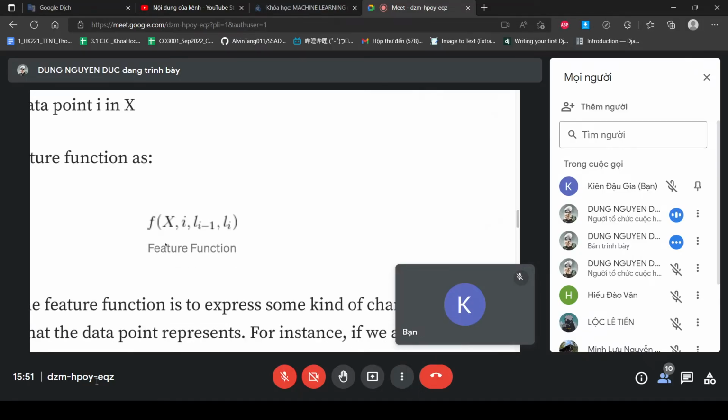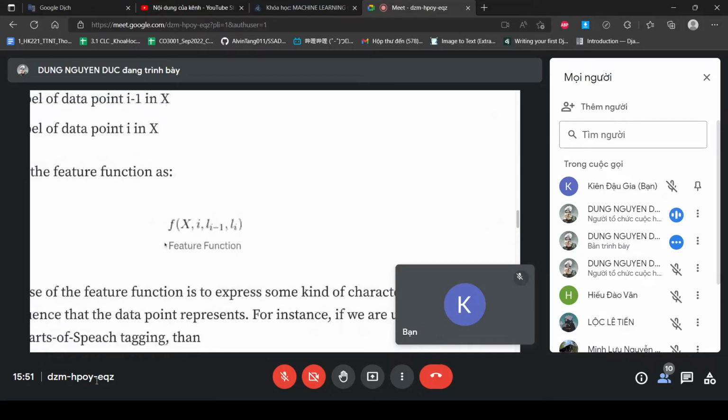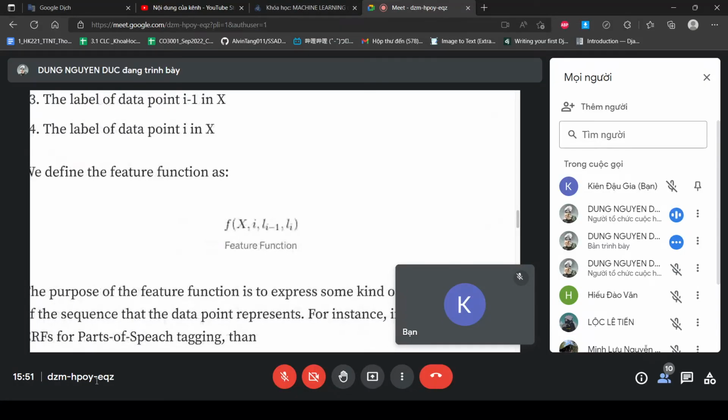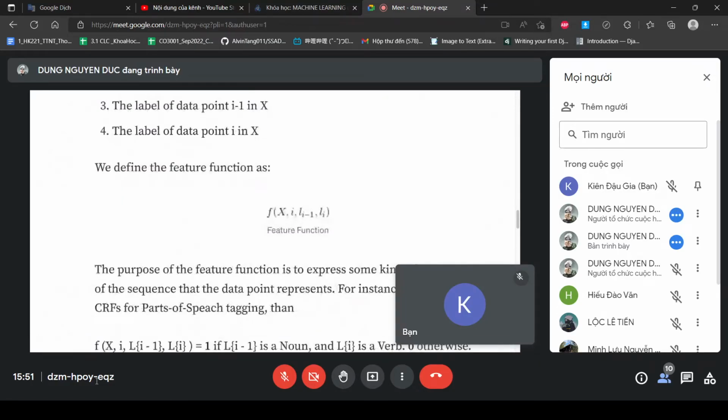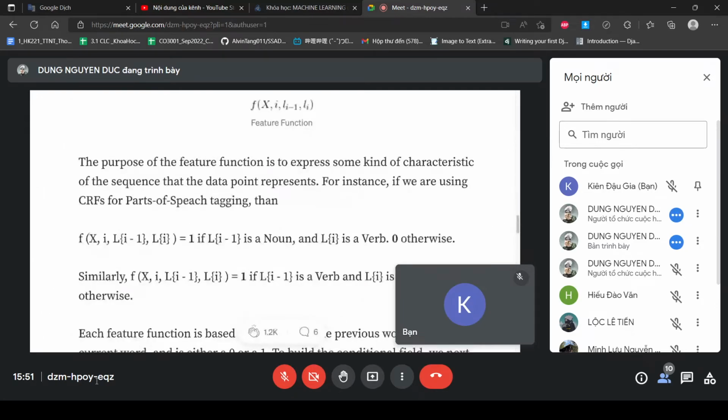So you can think of this feature function as a way to define the relationship between the label and the data. For example, if you are doing NER problems, or you may call it part-of-speech tagging, then you may want to tag if a word is a noun, a verb, or an adjective, and something like that. Then this feature function can be defined as follows.